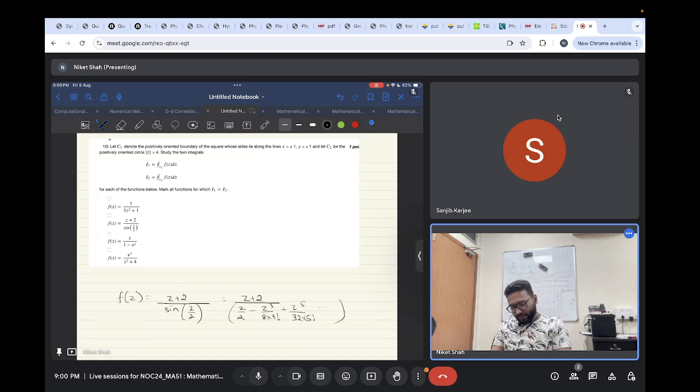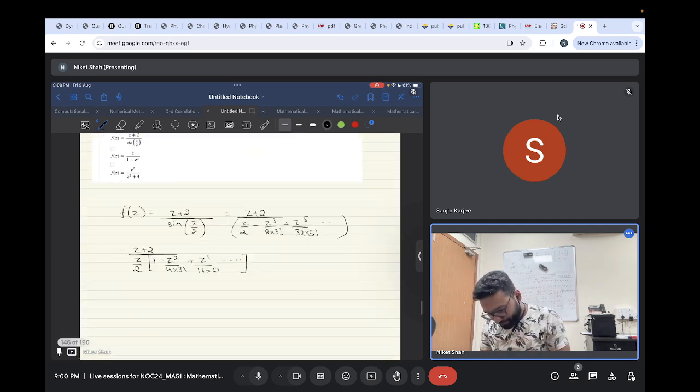So what I'll do is I'll take z by 2 outside. 1 minus z square by, I've taken 2 outside, so 4 into 3 factorial plus z power 4 by 16 into 5 factorial and so on. So this is a polynomial function.